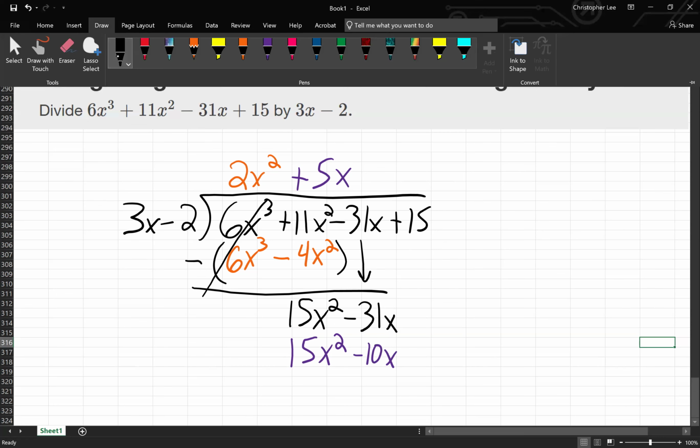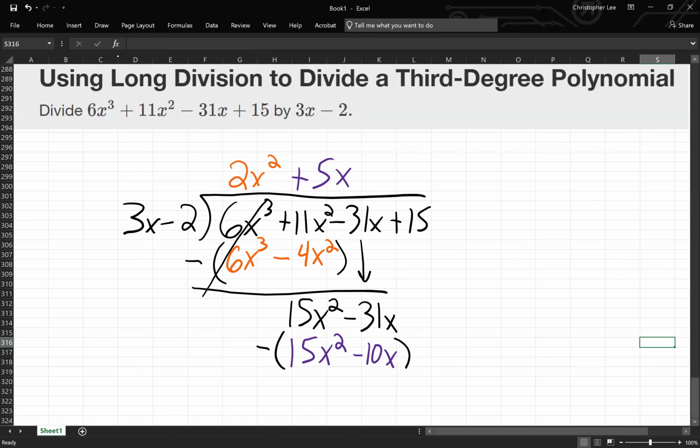Now, remember, this is polynomial, so gotta subtract. 15x squared minus 15x squared cancels out. Now, negative 31x minus negative 10x. Negative 21x. Perfect.